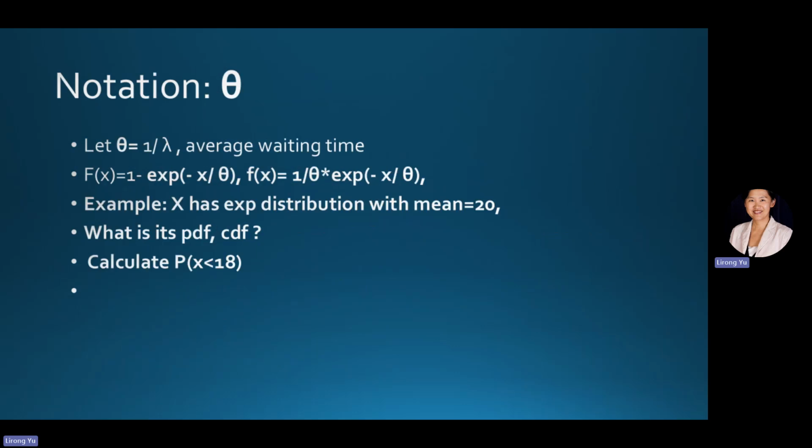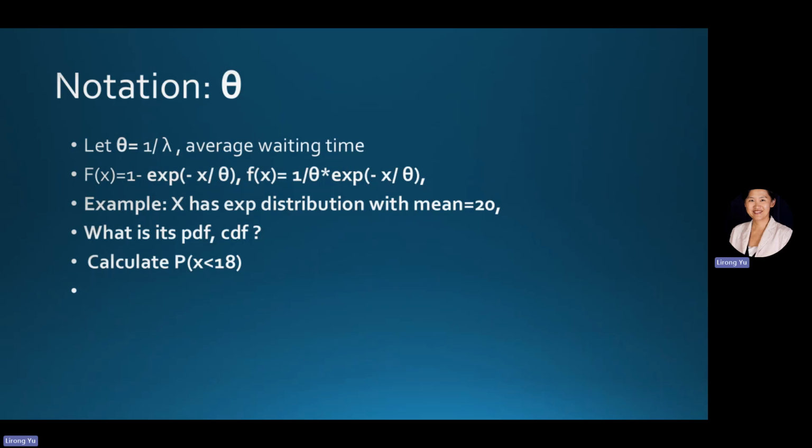So we're going to devise this notation, theta. Theta represents the average waiting time, which equals 1 over lambda. With that, we change our exponential distribution formula to 1 over theta times e to the negative x over theta. If we now have the CDF and the PDF, for example, let's say we want to calculate the probability that x is less than 18, assuming the mean is 20.